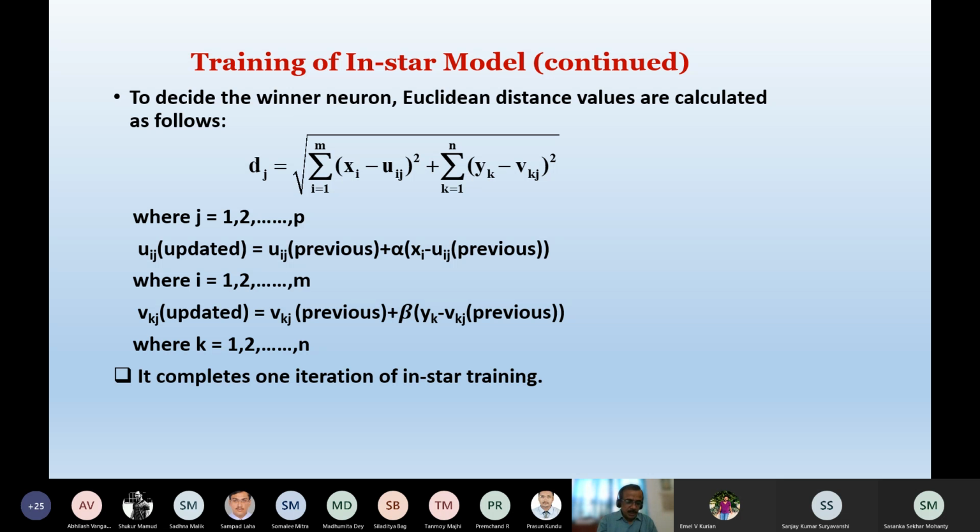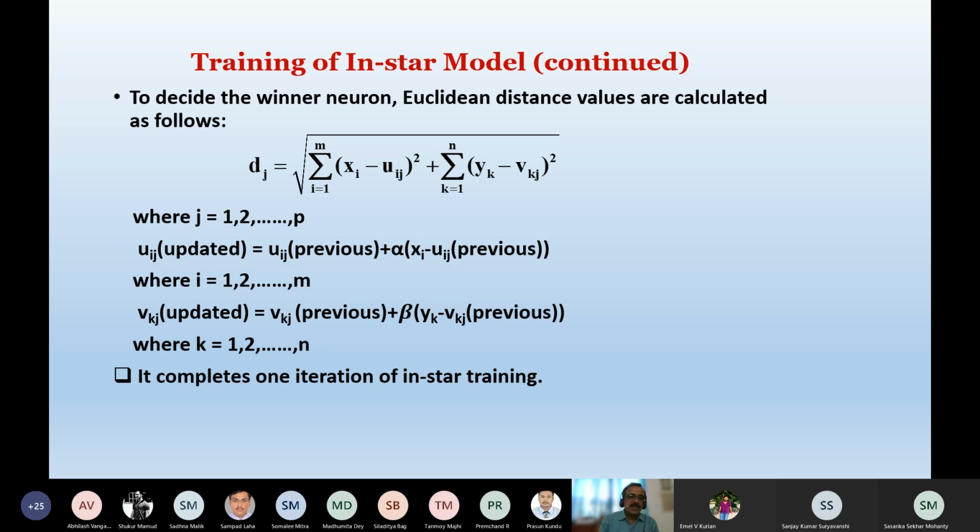This dj is nothing but the square root of the summation i equals 1 to m of (xi minus uij) squared, plus the summation k equals 1 to n of (yk minus vkj) squared, where j varies from 1 to p.